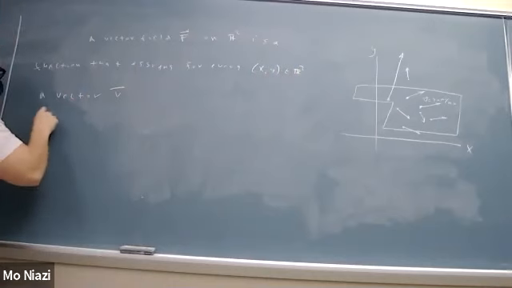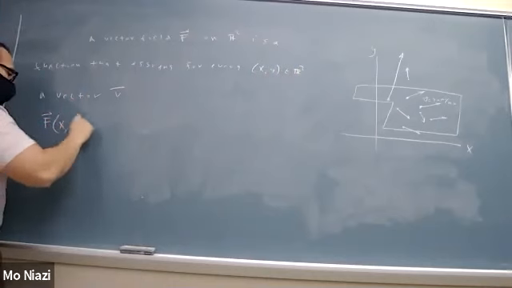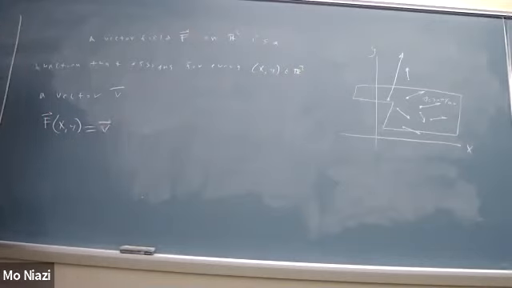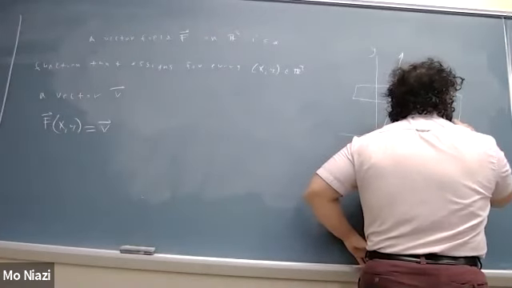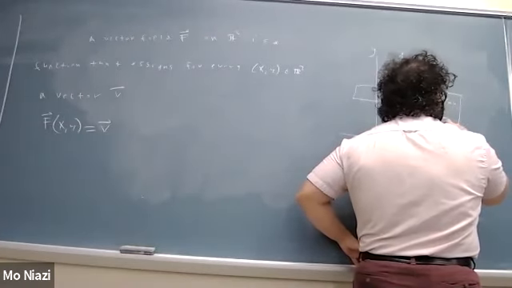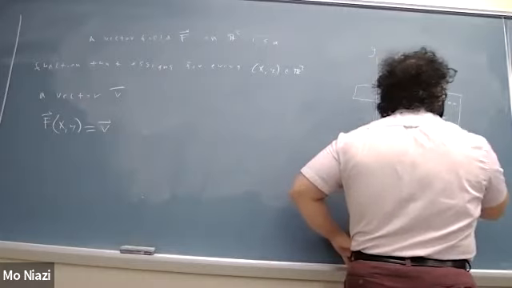So f of xy is some v. So for every xy coordinate we have here, there's some associated vector v.